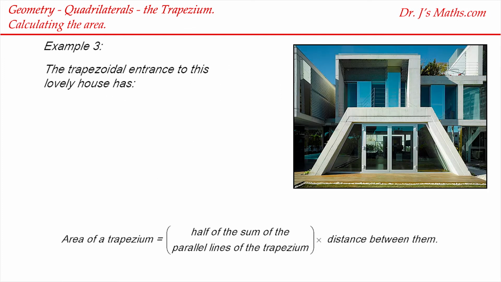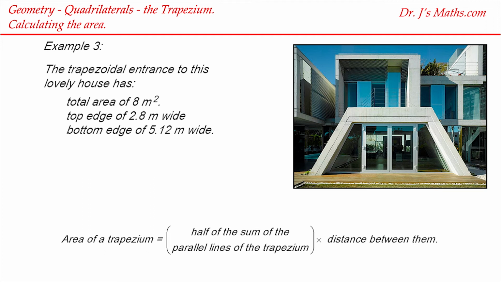Our third example shows the trapezoidal entrance to a very lovely house. The total area of the trapezium for the entrance foyer is 8 metres squared. The top edge is 2.8 metres wide, while the bottom edge is 5.12 metres wide. The question is, how high is the entrance?